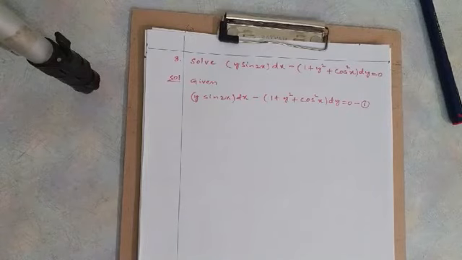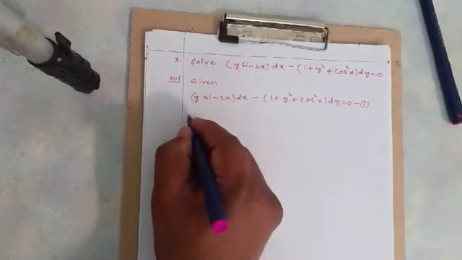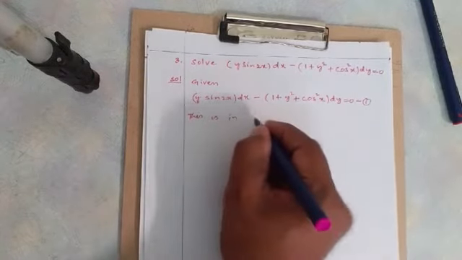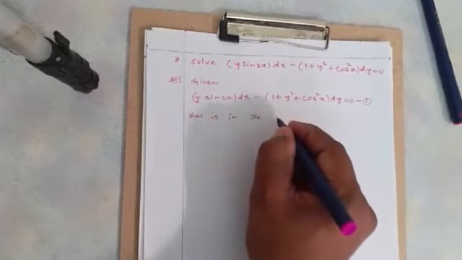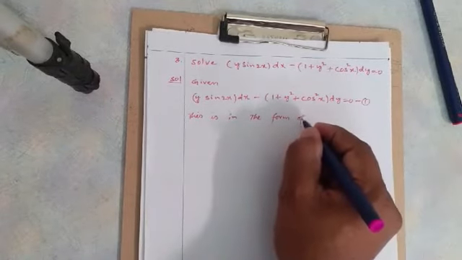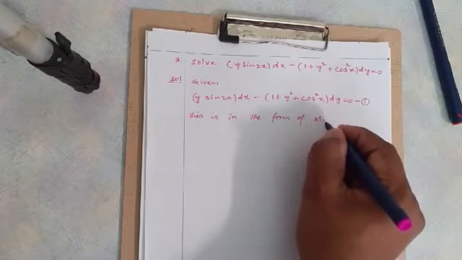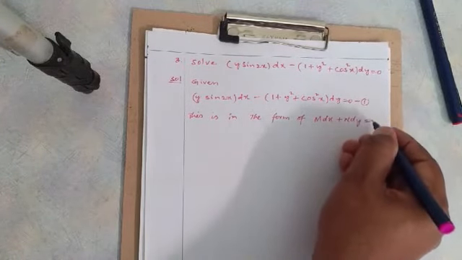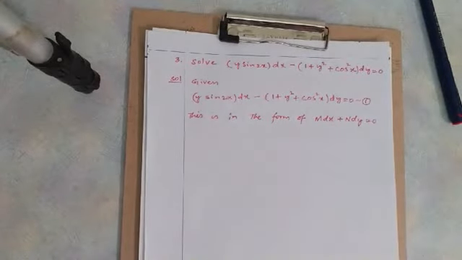Then, as you know, this is in the form M dx plus N dy is equal to 0, as we have studied in the second unit.